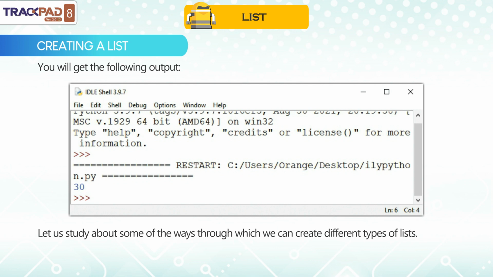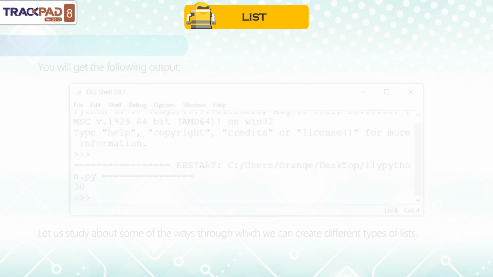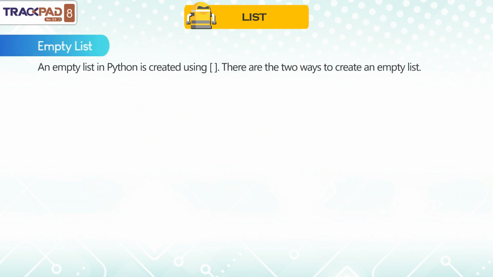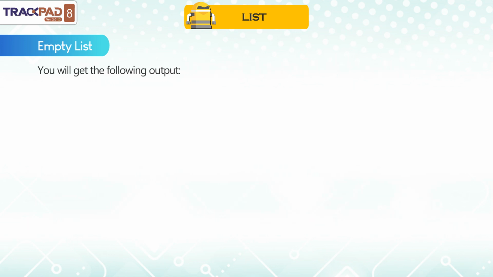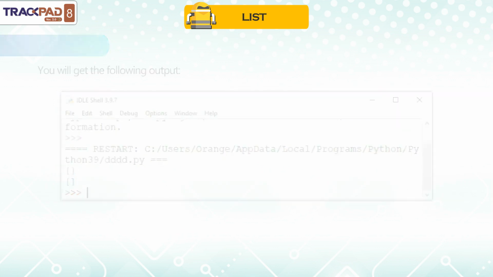Let us study some of the ways through which we can create different types of lists. Empty list. An empty list in Python is created using square brackets. There are two ways to create an empty list. Program 12 to create an empty list. You will get the following output. Mixed data type list.